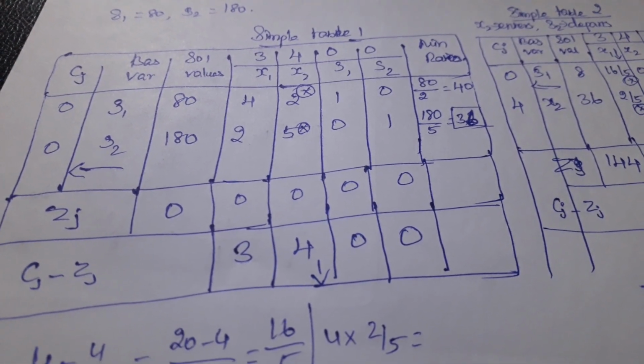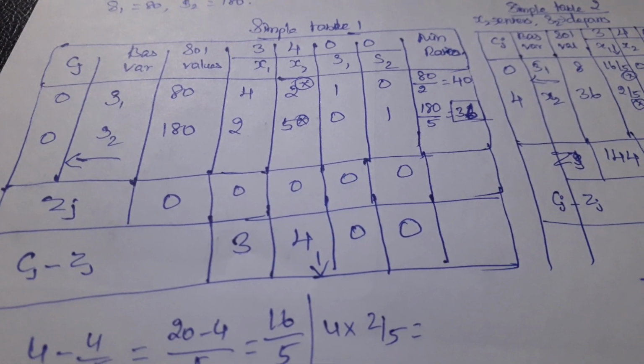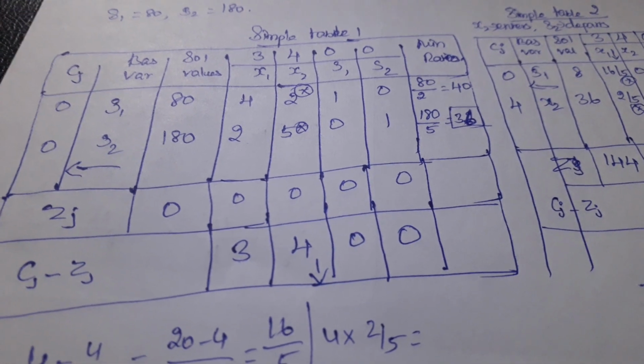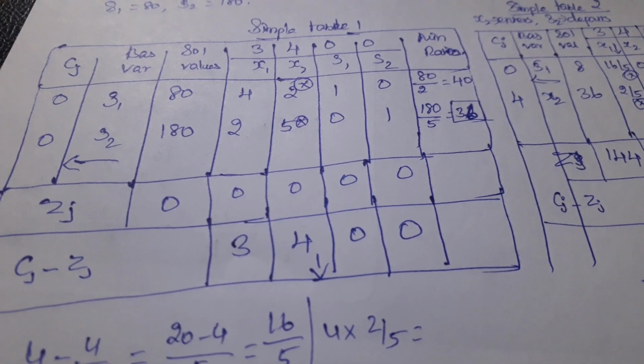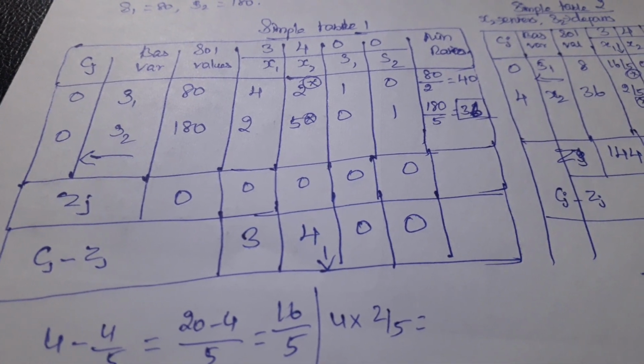So first we have to write down the S1, S2 values. So S1 equal to 80 and S2 equal to 180. S1 coefficient 0 and S2 coefficient 0 are mentioned in the first column.